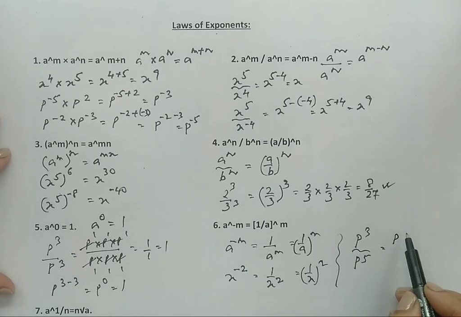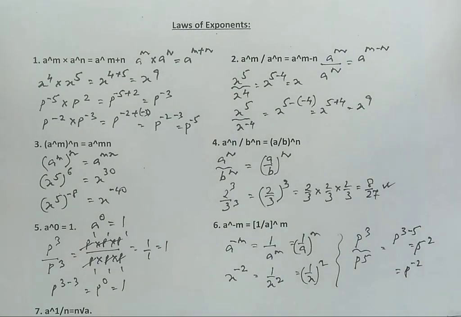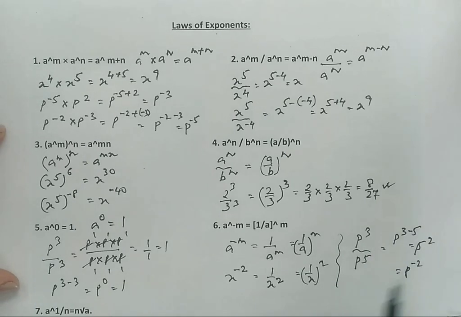So p to the power 3 minus 5 will be equal to p to the power minus 2. Let me write it clearly, p to the power minus 2. Got it, guys? So, can you see? This is how you get a minus also in the powers, when the power in the denominator is larger than the one on the top in the numerator.